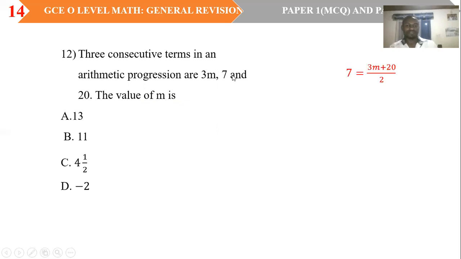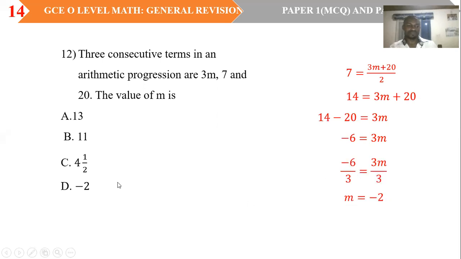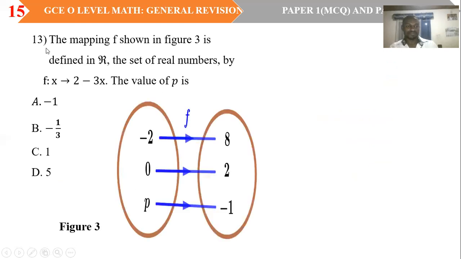That is, 7 here is equal to 3m plus 20 over 2. And if we solve for m, we cross multiply and we simplify, we'll have m equals negative 2. Answer D.